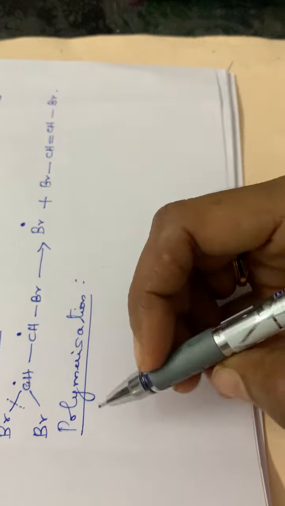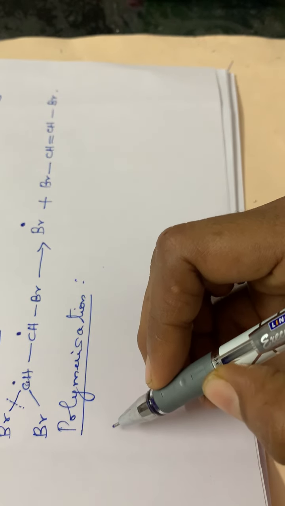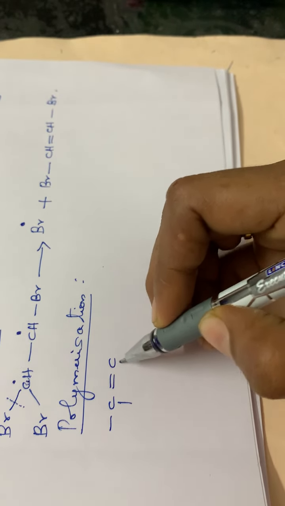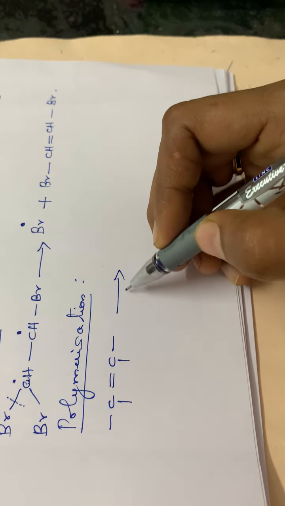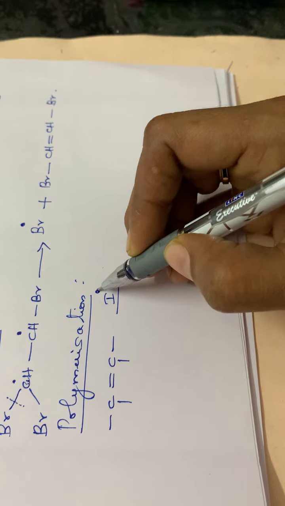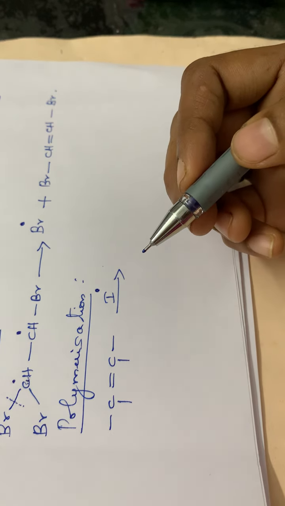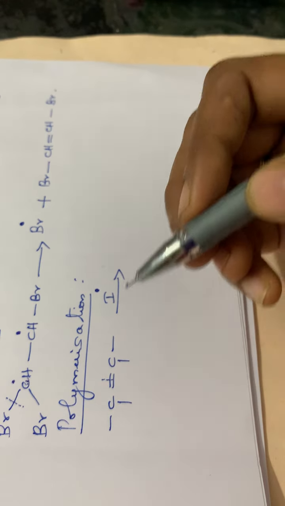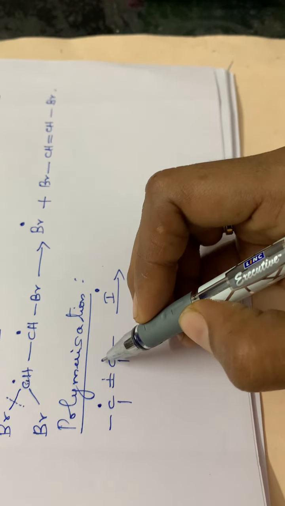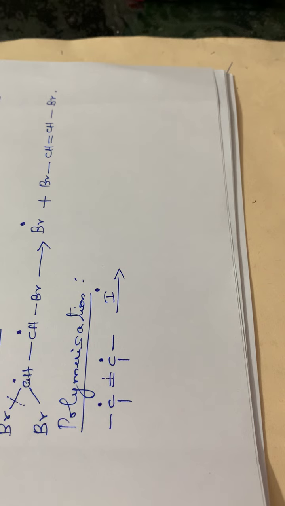Polymerization reaction means this is a double bonded compound, say ethylene. To it, an I dot or I free radical is joining. So this pi bond breaks, and this carbon will be getting one electron and this carbon will be getting one electron.